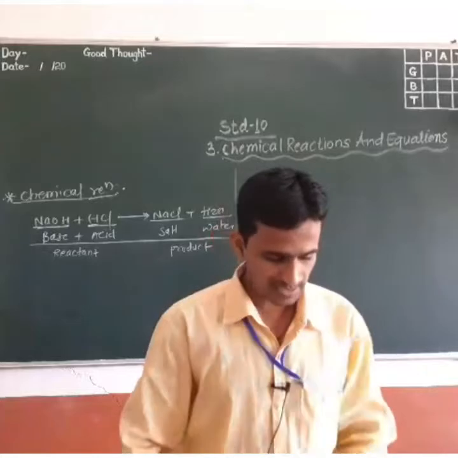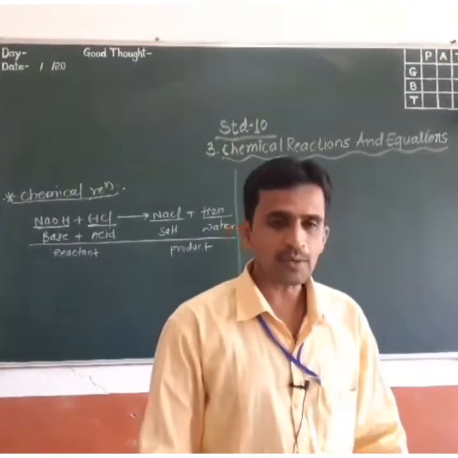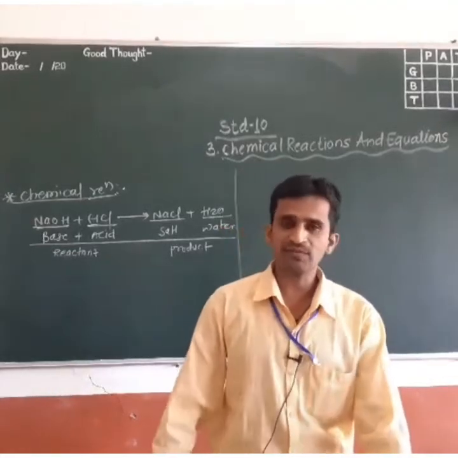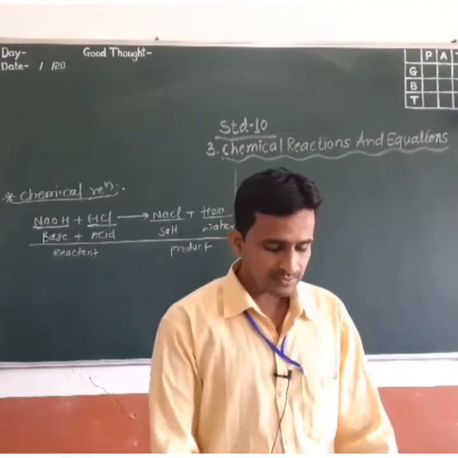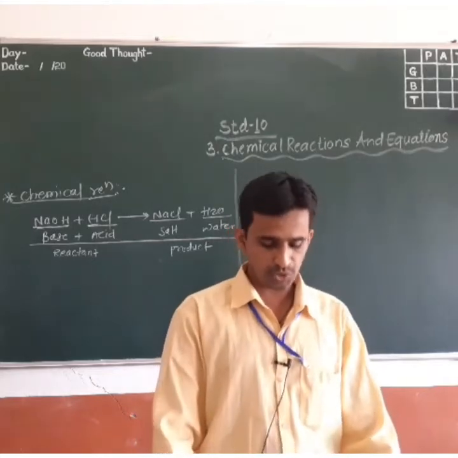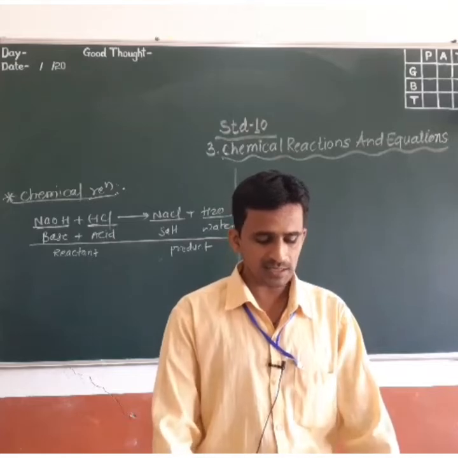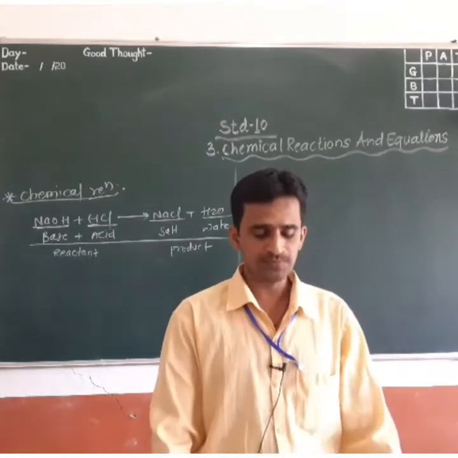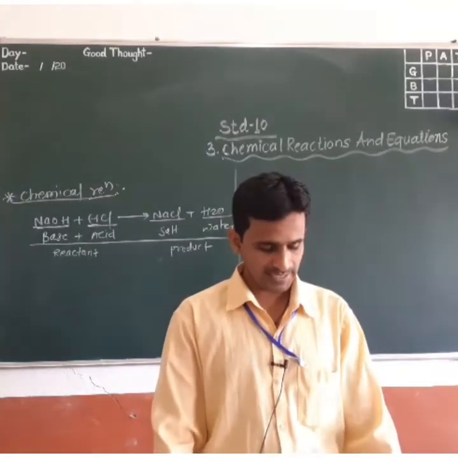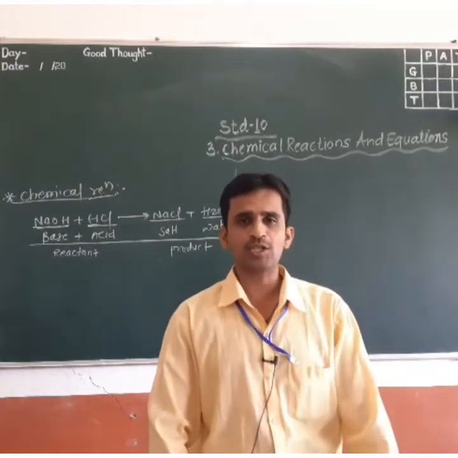What is meant by the term physical change? Give an example. First point: when the physical state of a substance changes but its chemical composition remains the same, then it is said that a physical change has taken place. Second: a physical change is temporary in nature.